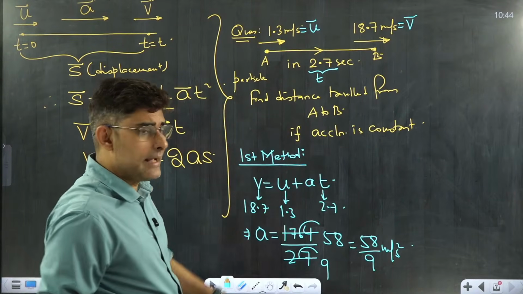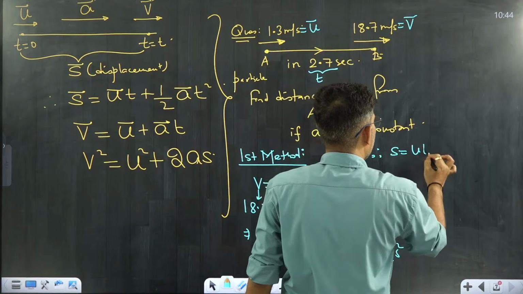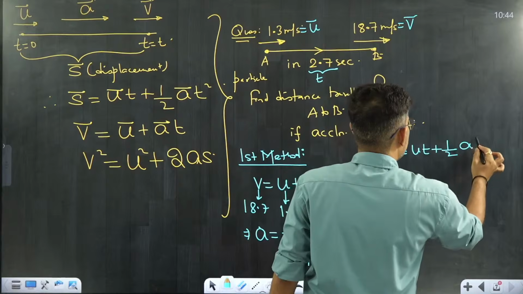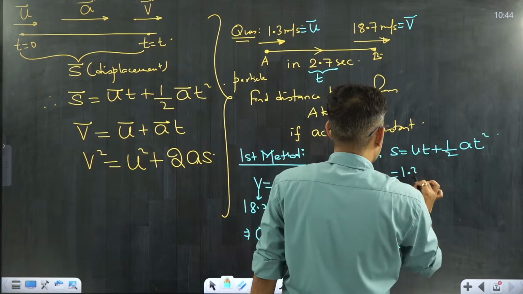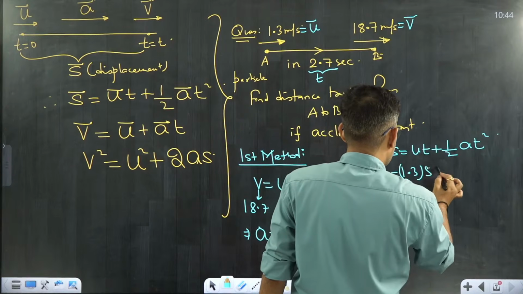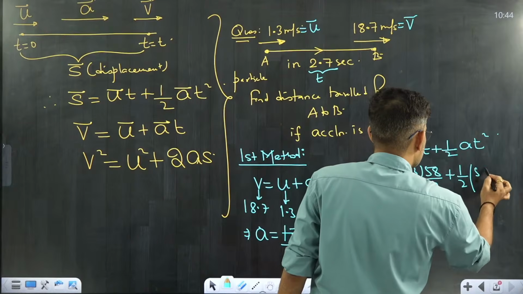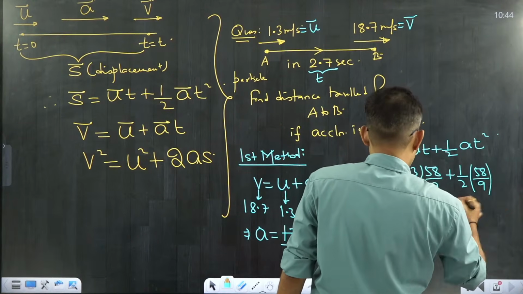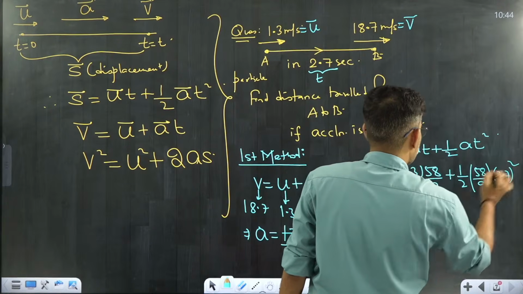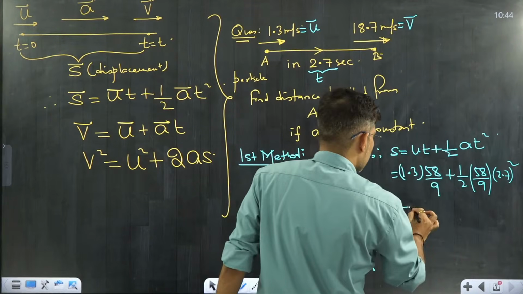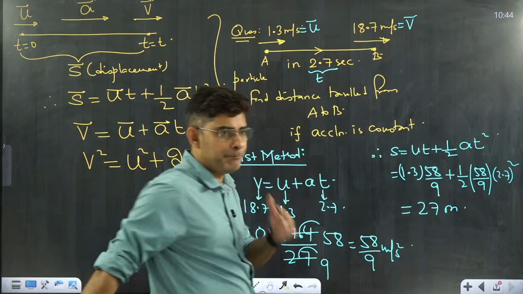Now once we get the acceleration, then we can use s equals ut plus half at square. So you can put u again as 1.3, t as 2.7, plus half, acceleration as 58 by 9 and t as 2.7 square. Now when you solve this, you will get the answer. You can try and check. It will come as 27 meter.